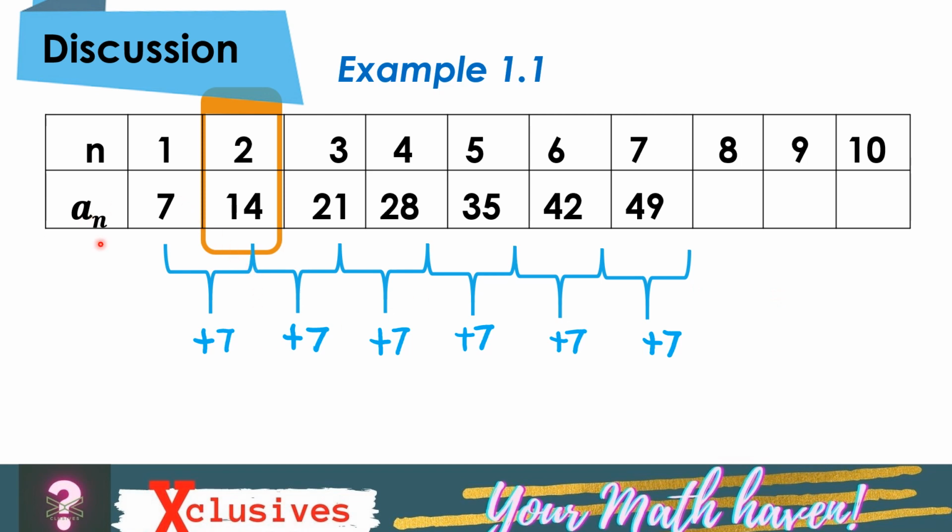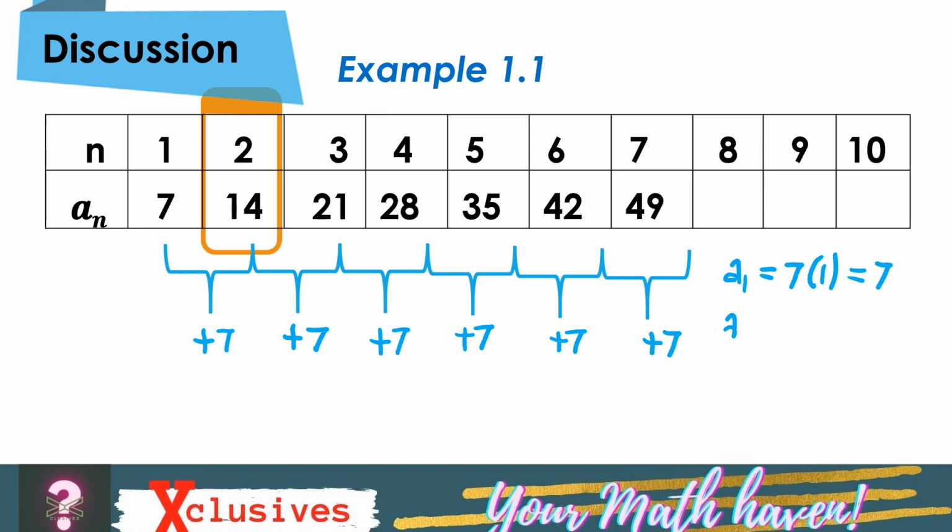Going back to the first term of our sequence, that is 7. So if we're going to check, for number 1, there is 1 seven. For number 2, there are 2 sevens. For number 3, there are 3 sevens. So let's check that. Again, for our first term, we have only 1 seven.